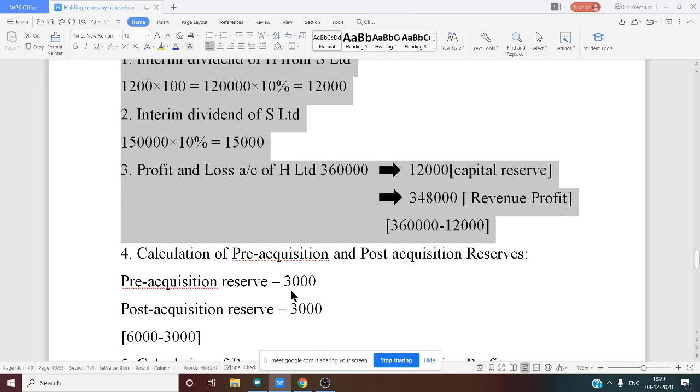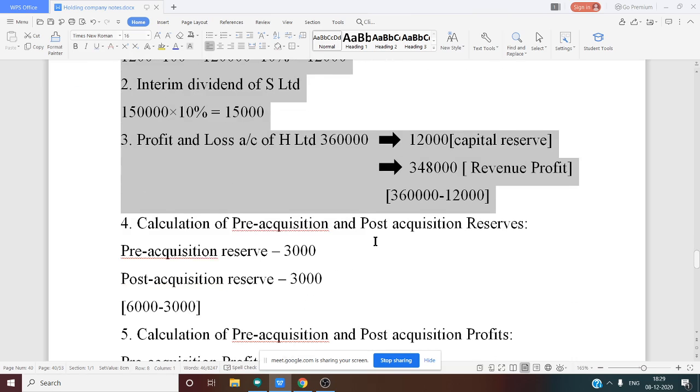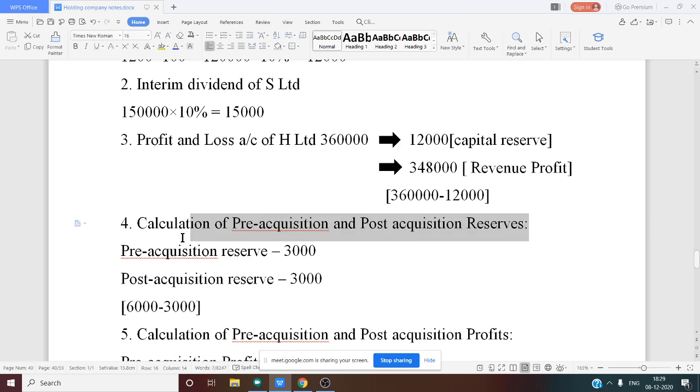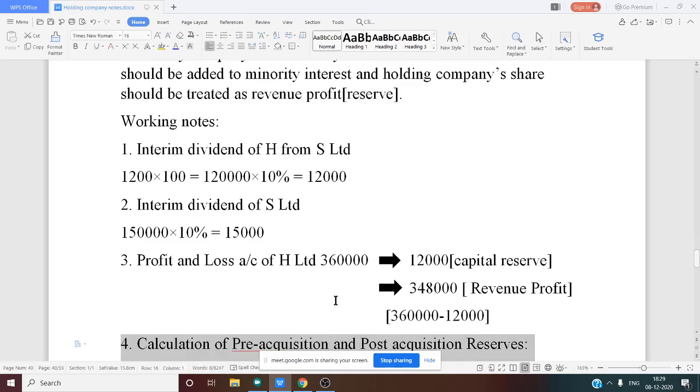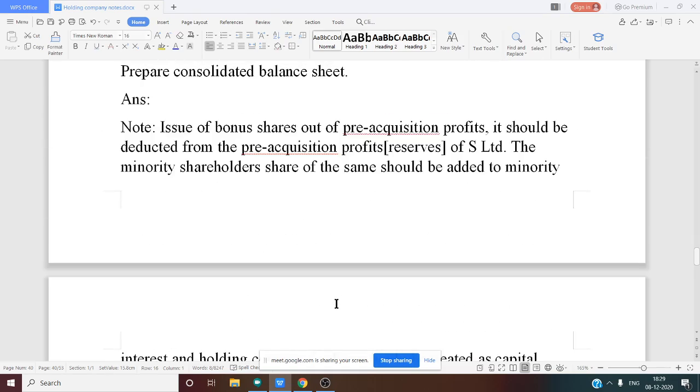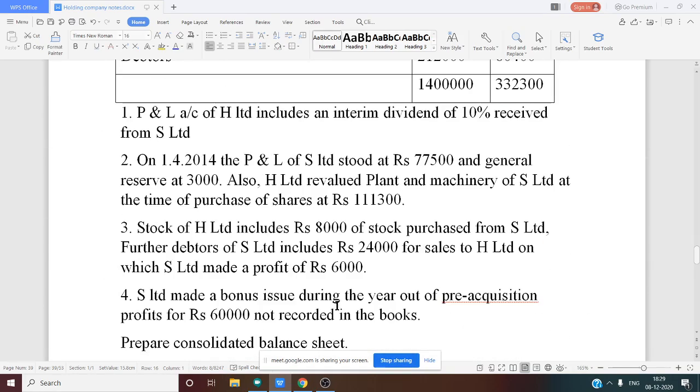Now let us see the fourth working note. This is as usual normal. See this calculation of pre-acquisition and post-acquisition reserve. If you see the adjustment here, they have said that there was a reserve of 3,000 on 1/4/2014, that is on the acquisition date.